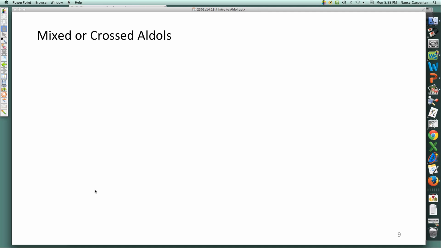Okay, now it gets real ugly real fast when you start mucking around with different aldehydes and ketones. So say for example I have this aromatic ketone and acetone, and I throw in base hoping to get a product.